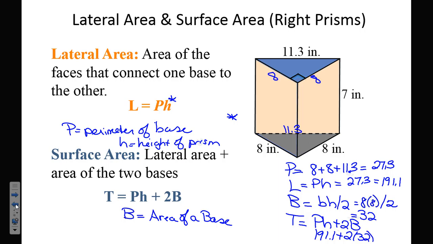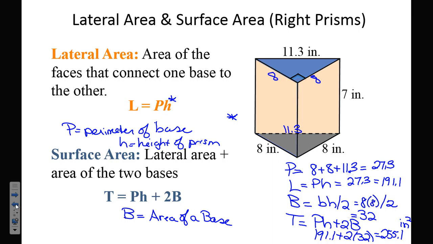So 191.1 plus 64 gets me 255.1. And what will my units be? Inches squared, because area is always in square units.